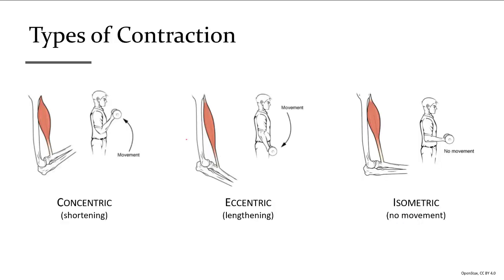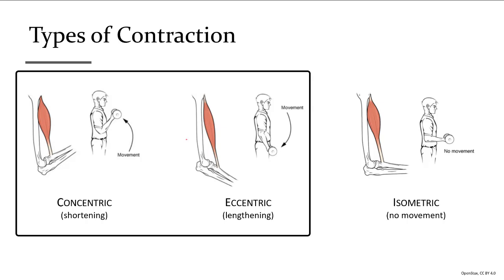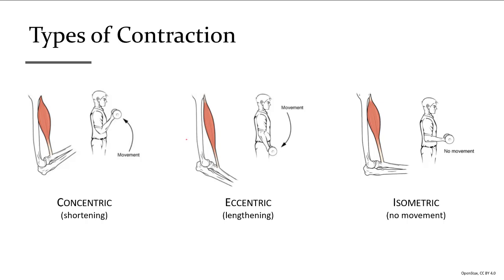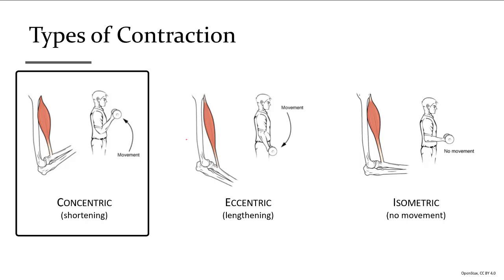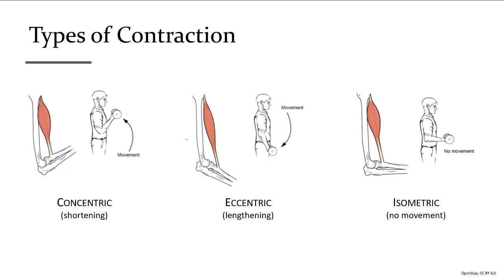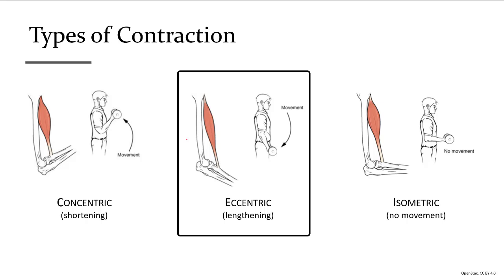The types of contraction that you need to know are concentric or eccentric. Those are the moving muscle contractions. Concentric is when you're lifting the barbell up. You're shortening that muscle. Eccentric is if you're still holding that barbell, but you're allowing it to go down very slowly.